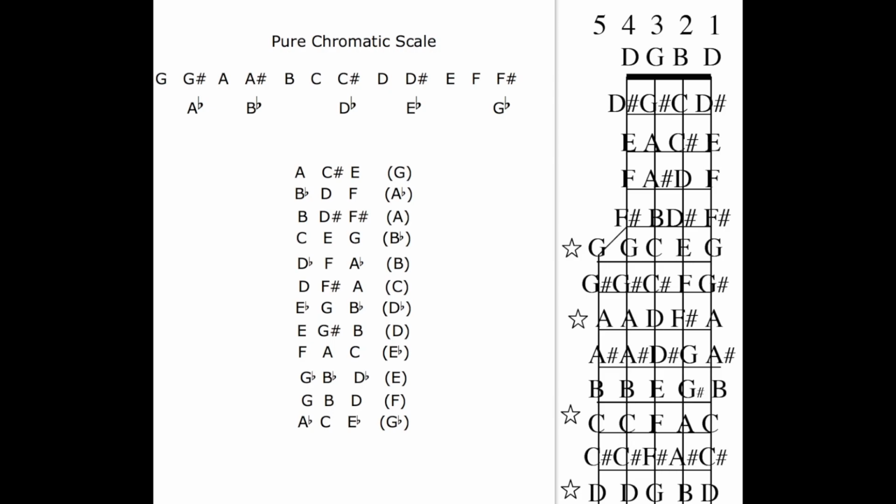Below the chromatic scale on the chart on the left, we have the answer sheet as to what pitches make up each chord. On the left, we have the actual root notes. These are the harmony notes that go together to make up an A chord.